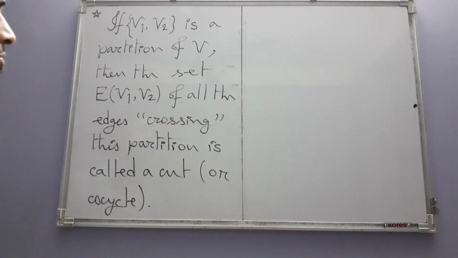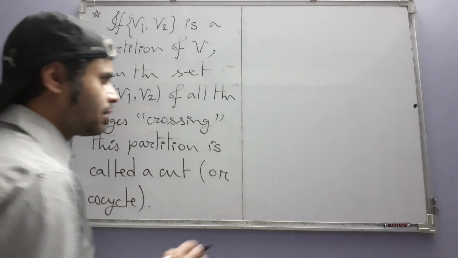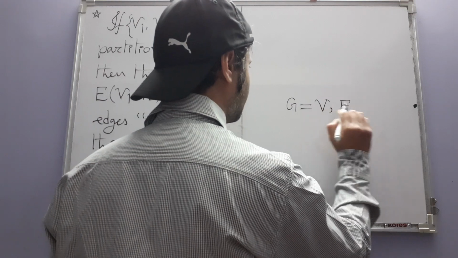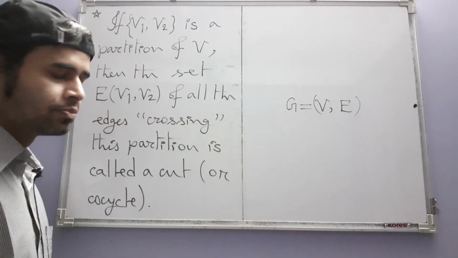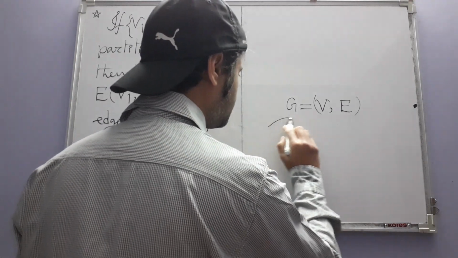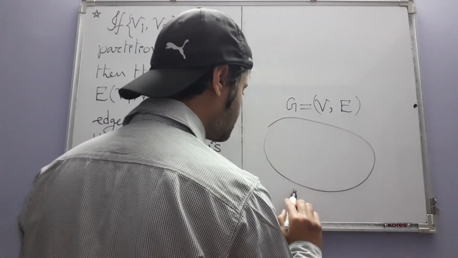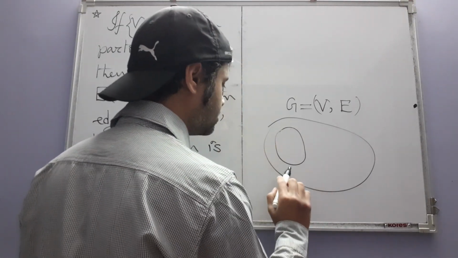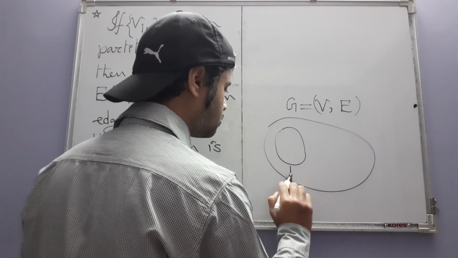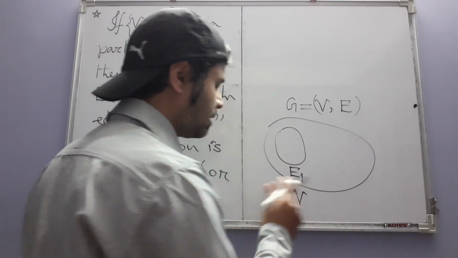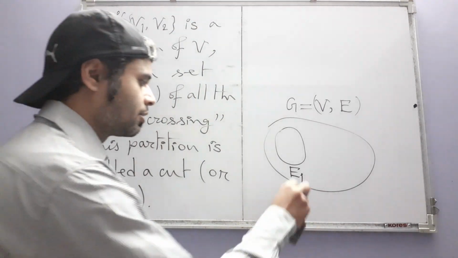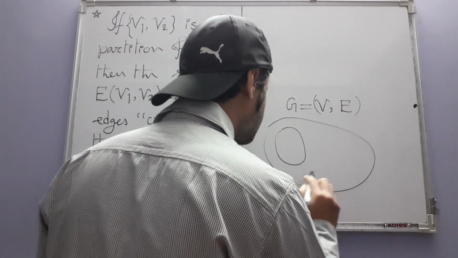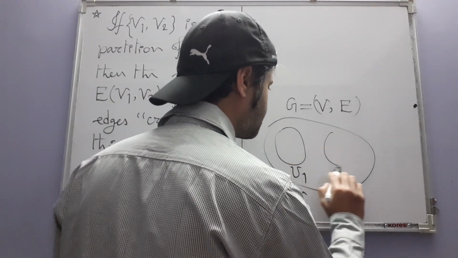So let us recall that if we are given a graph like this with vertex set V and edge set E, and say we have two subsets in the vertex set V, say U1 and another subset U2.